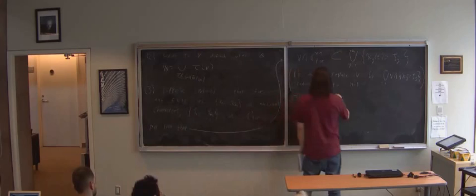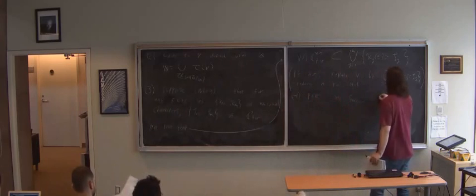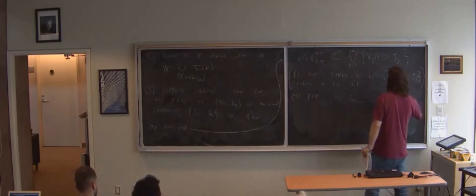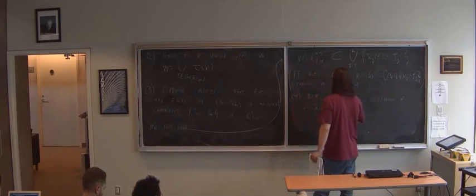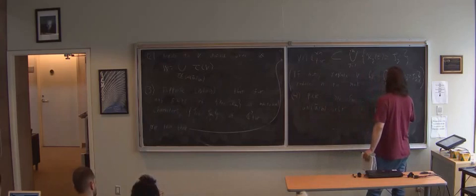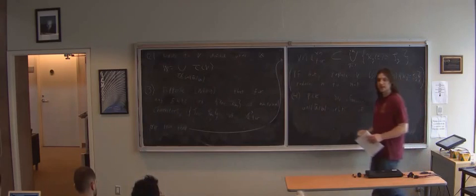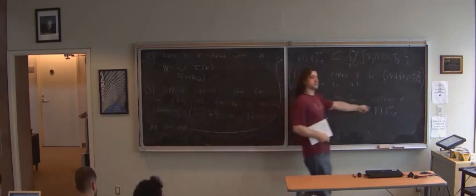So now we're going to pick a sequence, like before, of Galois orbits of torsion points inside V. But now we want these to be equidistributed. That would be the argument.